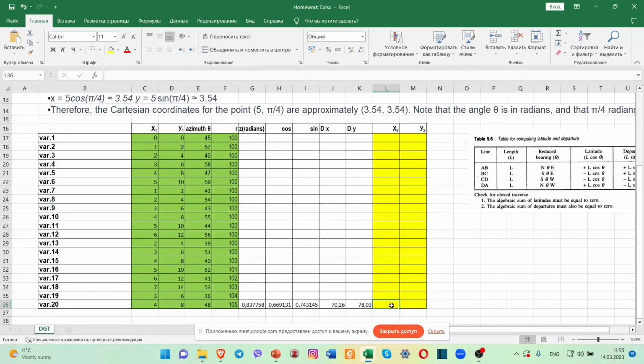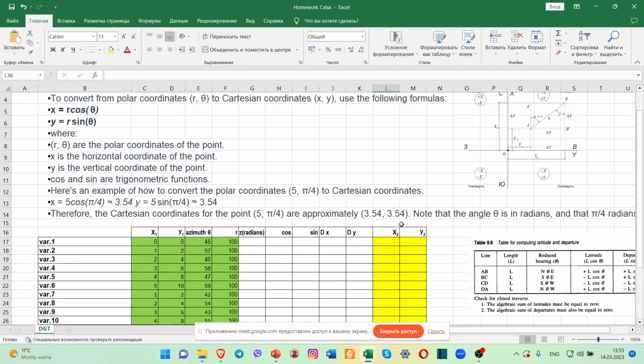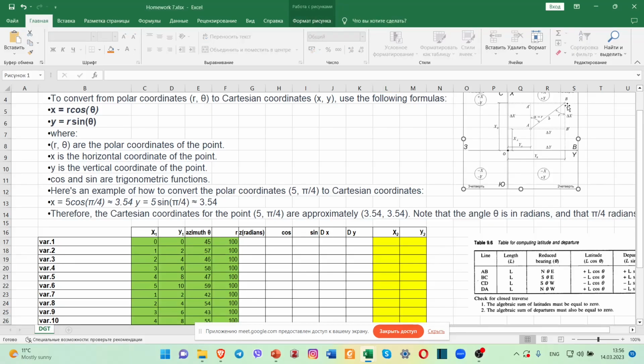And the last step is calculating the Cartesian coordinates of point 2, point B in this picture.